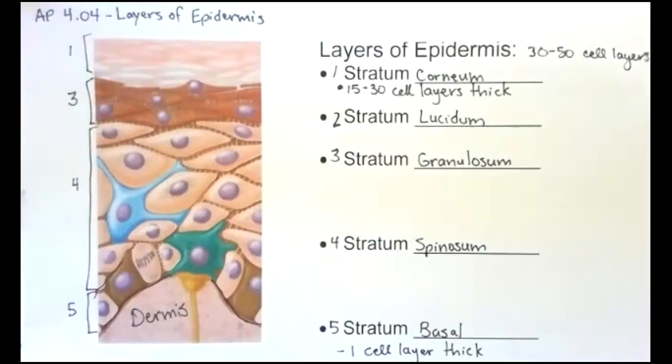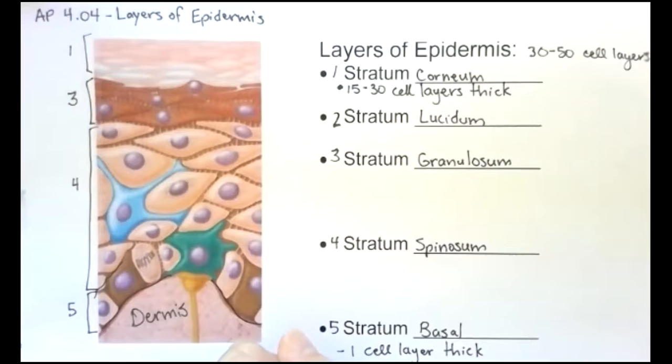So again, we're throwing that word layers around an awful lot, but hopefully that gives you an understanding of how we're breaking this down and how we're talking about it. Let's talk about these in general. If we start at the bottom, we have the stratum basal.